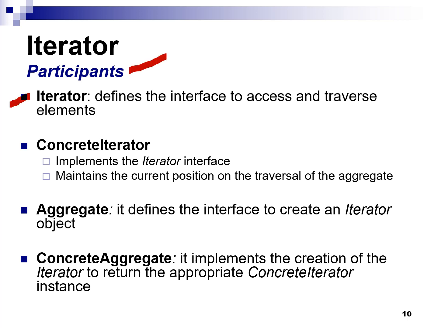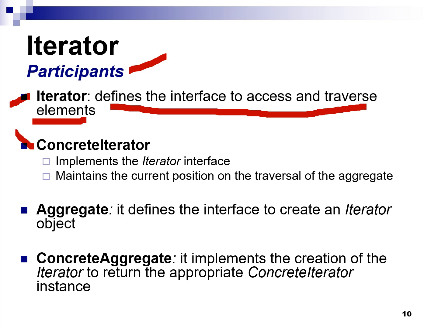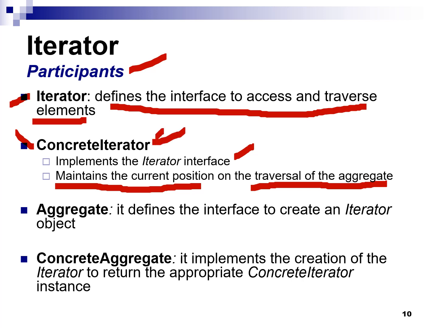This is a summary of the role of the different participants of the pattern. On the one hand, we have the iterator that defines the interface to access and traverse the elements. Then we have concrete iterators that implement such interface, and in addition they maintain the current position on the traversal of the aggregate. Here we may have different iterators for different types of concrete aggregates or for different strategies.